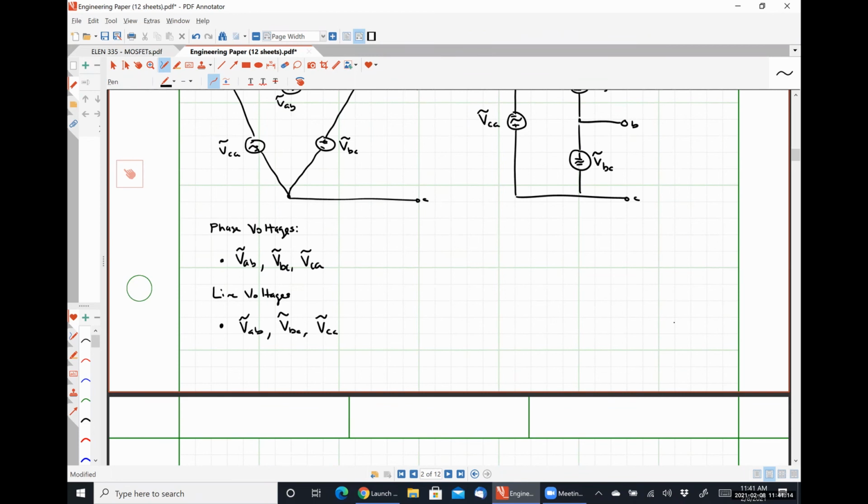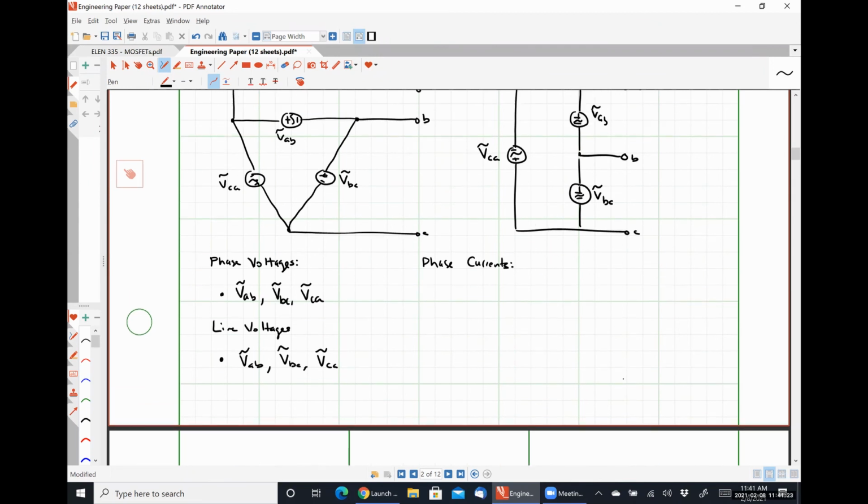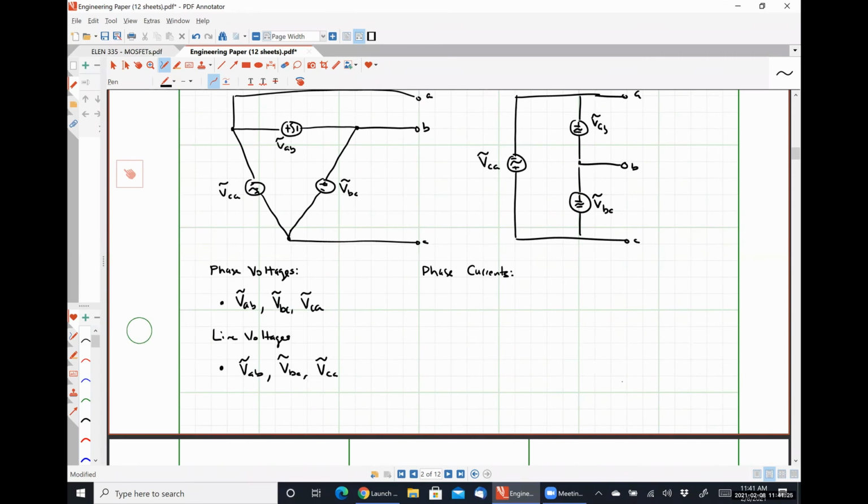Let's talk about our phase currents. Phase currents represent the current flowing from the positive polarity terminal to the negative polarity terminal over each phase of our source.